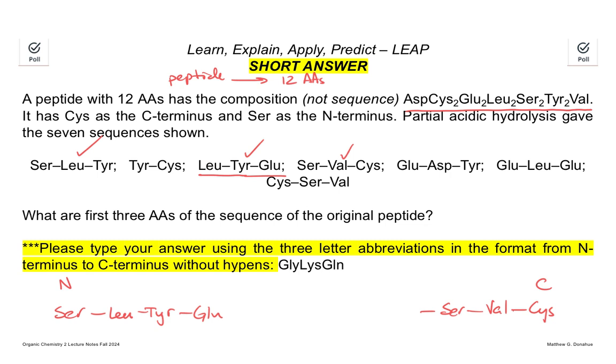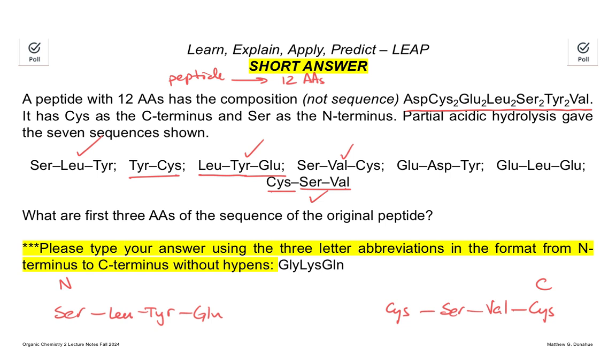And now this fragment in the second row, see how it has Ser, Val right here? So that means we're going to use up that other cysteine now right here. And so now if we look at what's remaining of the cysteines, there's the Tyr, Cys, this one.